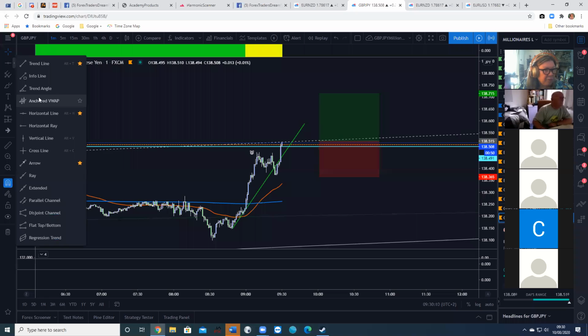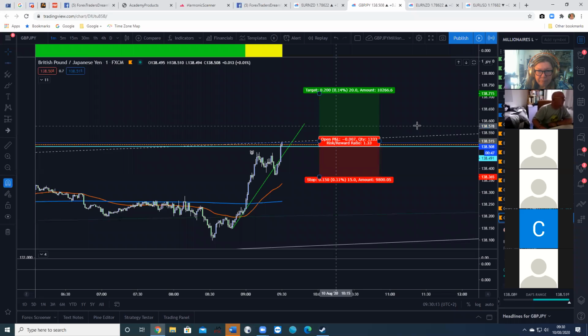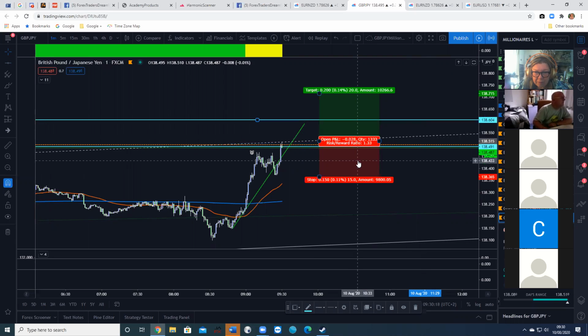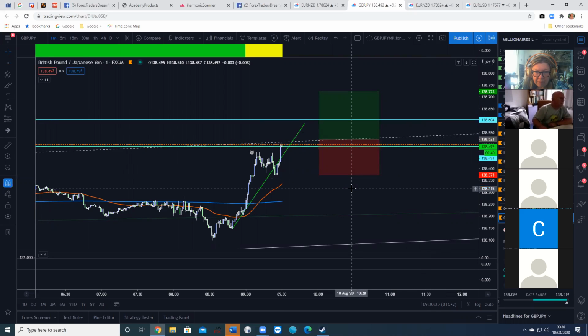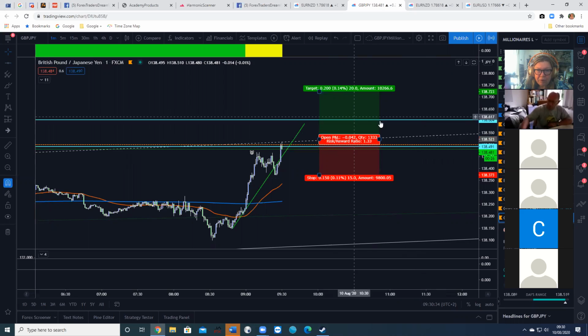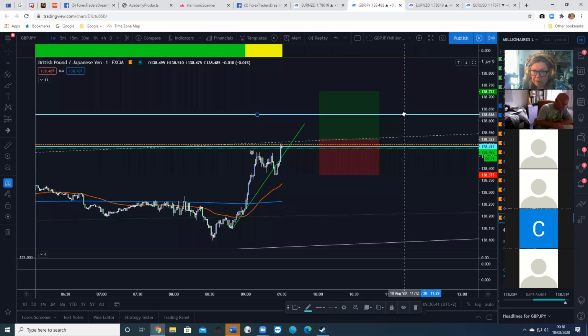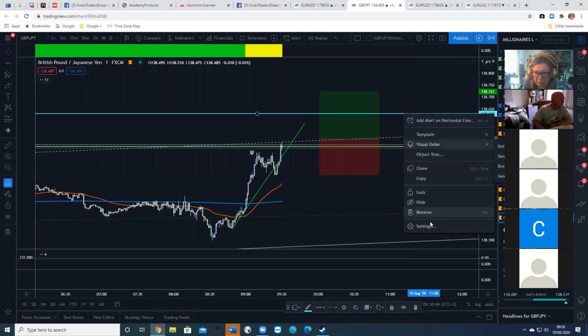So let's just watch this one for a bit for an entry. So our entry line after a break and a retest is round about 138,530. It's just on that angle of that pitchfork. So that would be 10 pips.